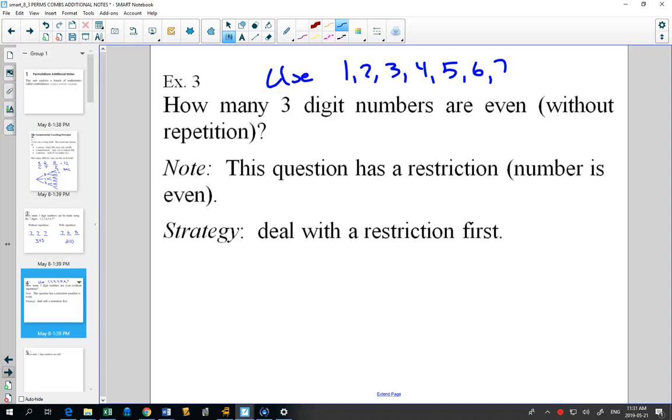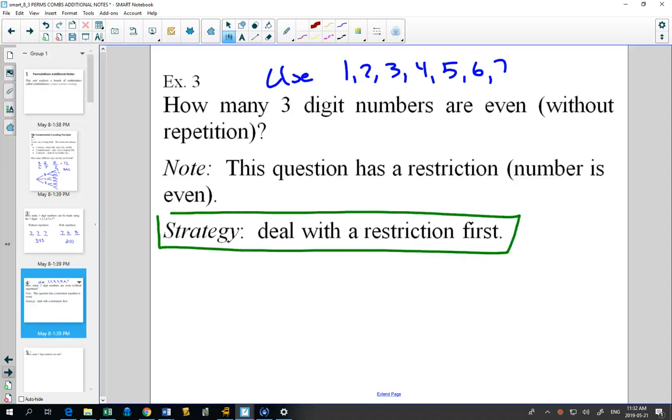It's still a spaces fundamental counting principle question, but you have a restriction that the number has to be even. So the number 1 way that this is done wrong is not dealing with this restriction first. So whenever you have a restriction, this is important. You have to deal with that restriction first.